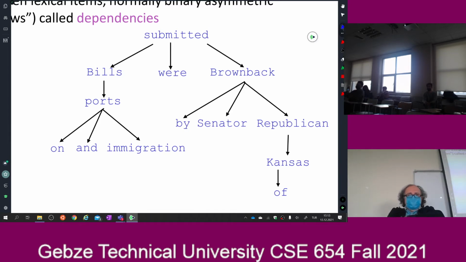Bills on immigration were submitted by Republican Senator Brownback of Kansas, right? Bills on ports and immigration were submitted by Republican Senator Brownback of Kansas. Okay, so these are the dependencies.